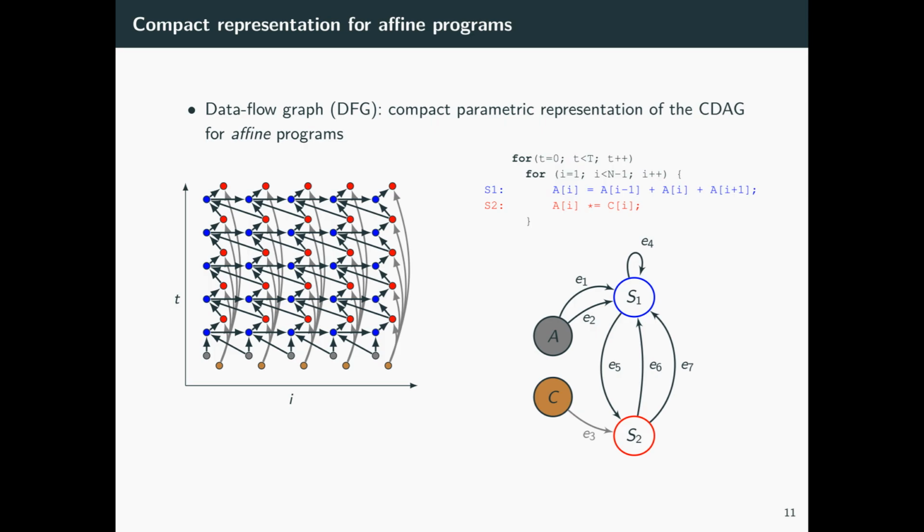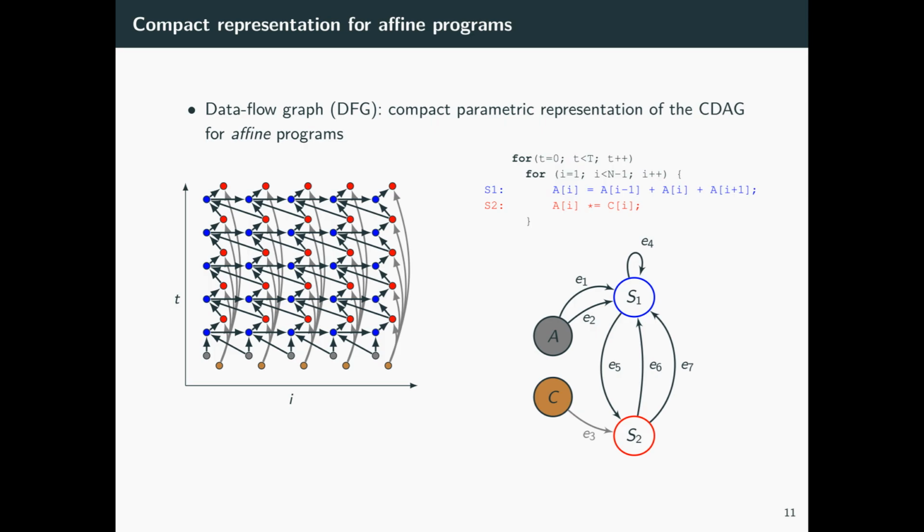So we've seen the mathematical ideas behind the lower bound proof, and now we need to find a way to automate this. The first thing we need is a representation that is more compact than the CDAG and that can fit in memory. This is the data flow graph, or DFG.